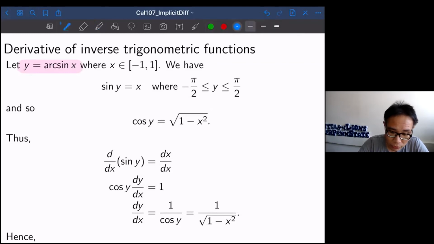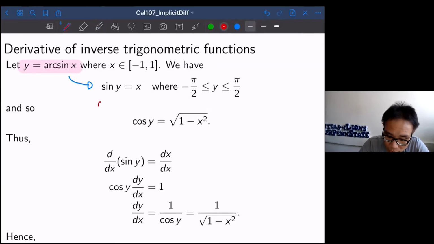So we're going to solve this in terms of y. So you'll be able to solve sine y equal to x. And when you have sine y equal to x, you're going to have cos y equal to square root of 1 minus x squared. Why do we have that?